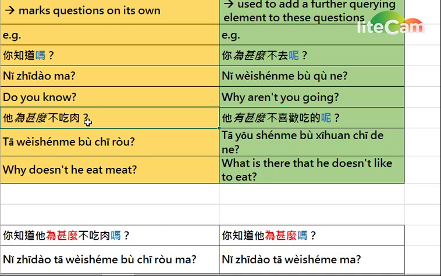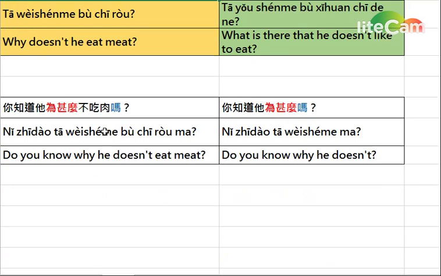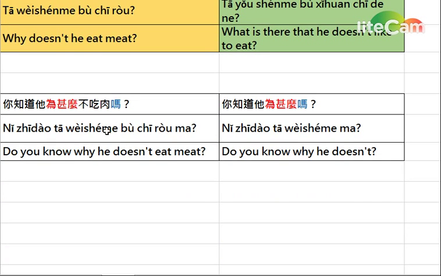The only way ma can appear with another question word in the same sentence is if it is used to ask a yes-no question about a condition. That sounds complicated, but this example might make it clearer. Here you can see, 你知道他为什么不吃肉吗?